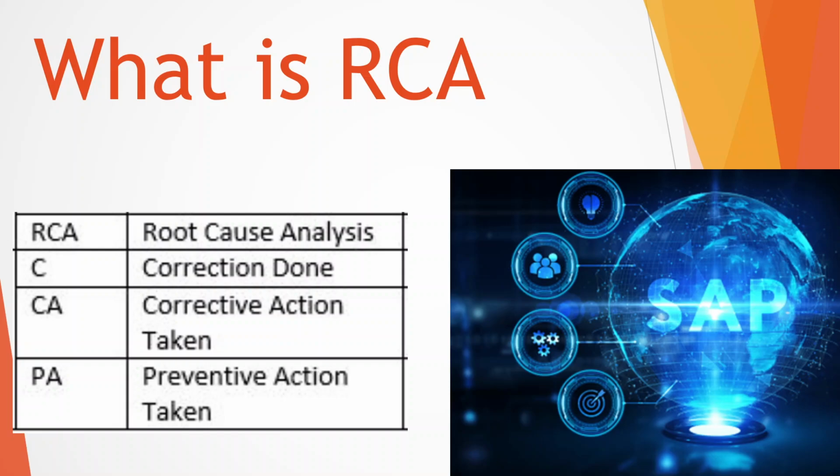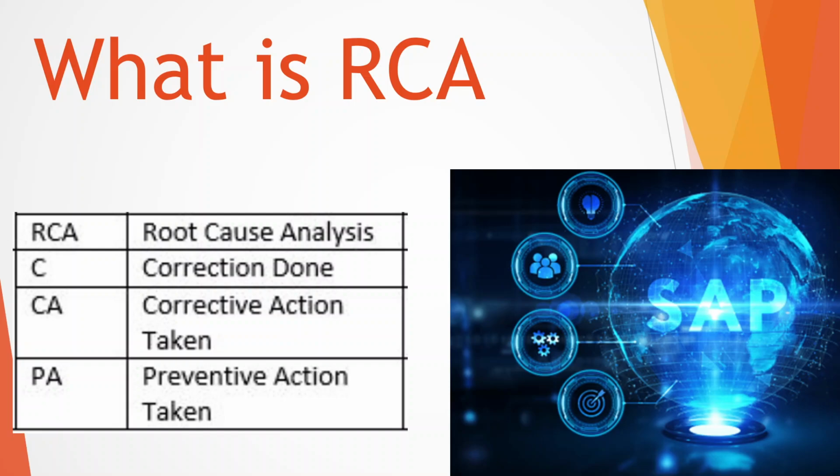So RCA means root cause analysis. Here C means corrections done. That means what you did in order to sort out that issue. CA means corrective action taken, meaning what all steps you have performed to resolve that issue. And PA means preventive action taken.